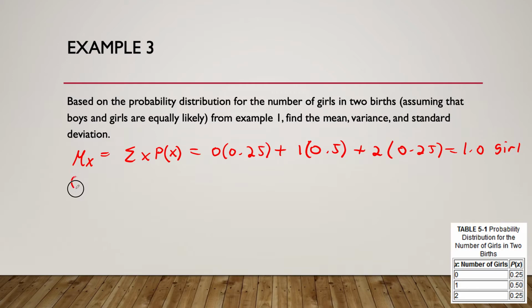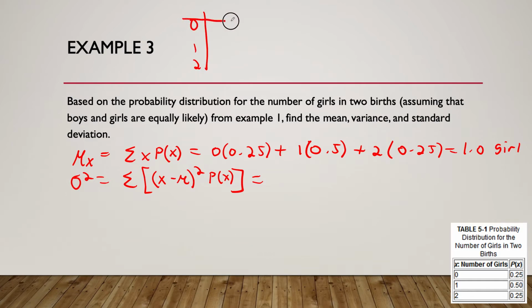For the variance, I want to take the sum of each value of the random variable minus the mean, squared, times the associated probability. And we could draw ourselves a little table here to help. This is x.